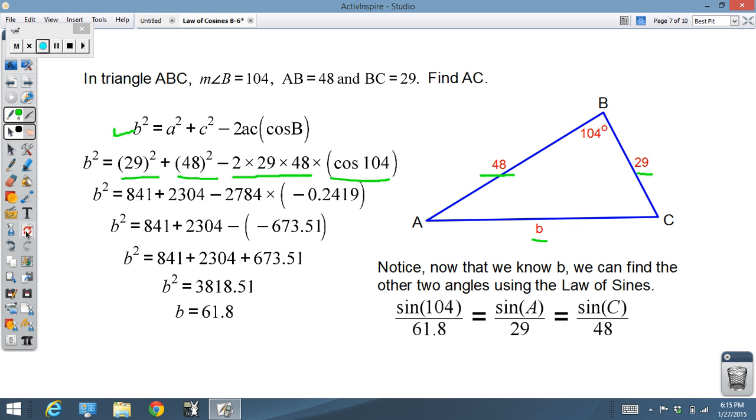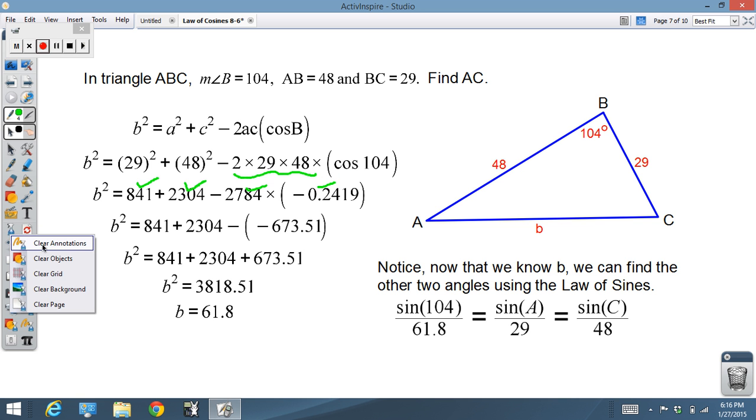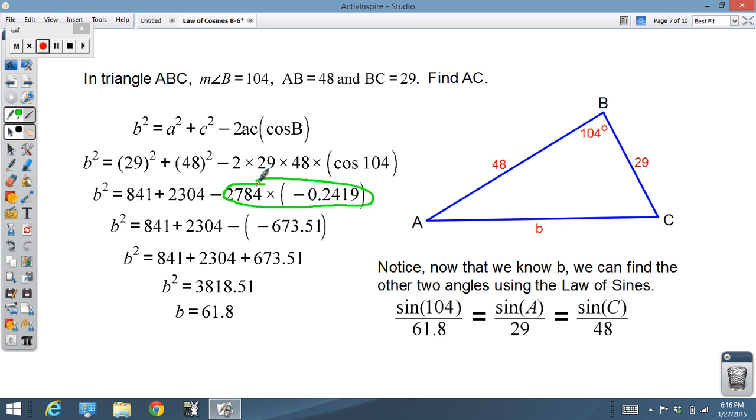And then we just follow our math, guys. Okay, so we're going to square 29, check, square 48, check, multiply all of this stuff together, check, and find the cosine of 104. Then we're going to multiply these guys together. That's what gives me what's in the parentheses here, okay? So that's all I changed going from this step to this step.